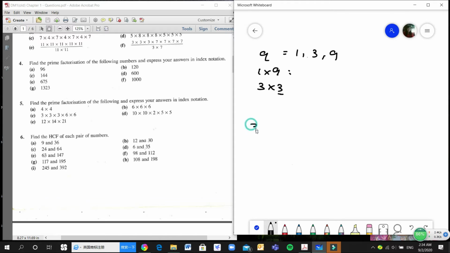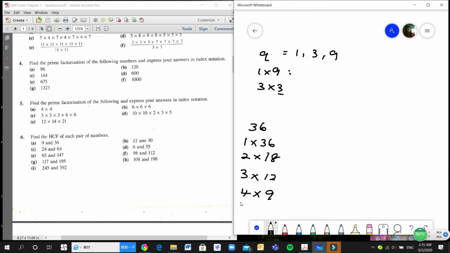And if I continue and find 36, 1 times 36, 2 times 18 is 36. And then 3 times 12 is 36. And what else? Maybe can try 4. 4 times 9.